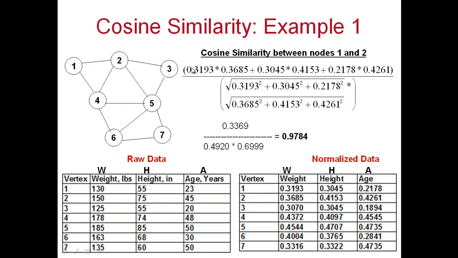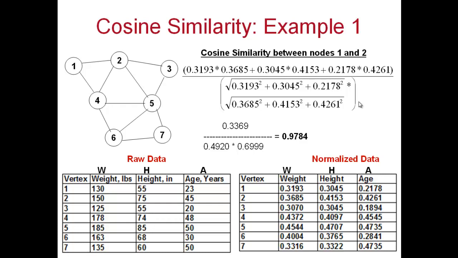That's the product. And then divided by the square root of the sum of the squares for each of these vectors. So 0.3193 square plus 0.3045 square plus 0.2178 square, square root of that, times 0.3685 square plus 0.4153 square plus 0.4261 square. Sum them up, square root of this.